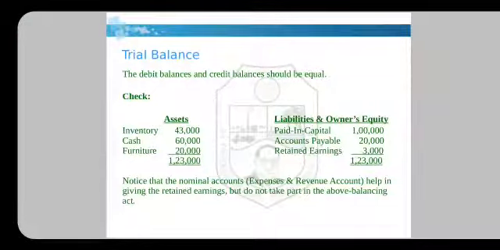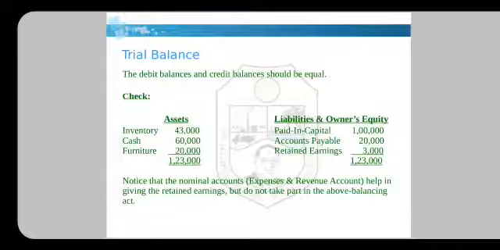On the asset side, inventory debited amount is 43,000, cash account debited amount is 60,000, and furniture account debited amount is 20,000, which is 1,23,000. And on the side of liabilities and owner's equity, the paid in capital amount is 1 lakh, accounts payable is 20,000, retained earning is 3,000. So that is again 1,23,000. So the total debited balance is 1,23,000 and the total credited balance is 1,23,000, which is the same. So this is the trial balance.